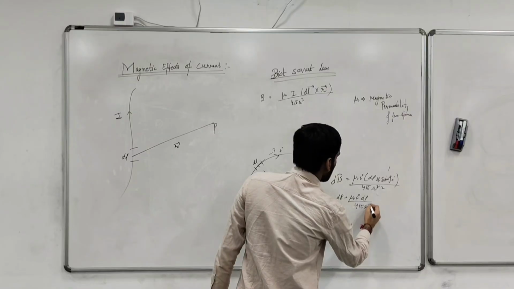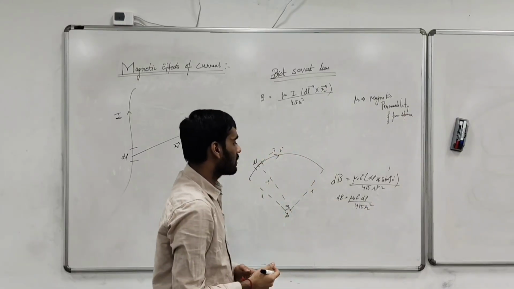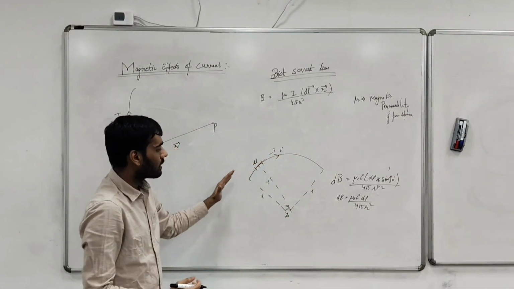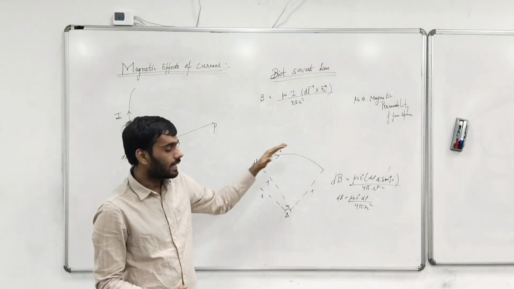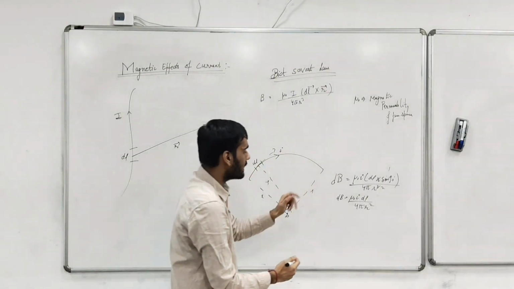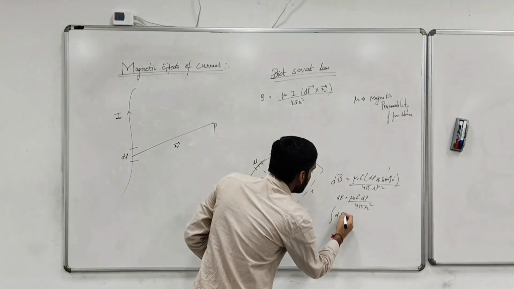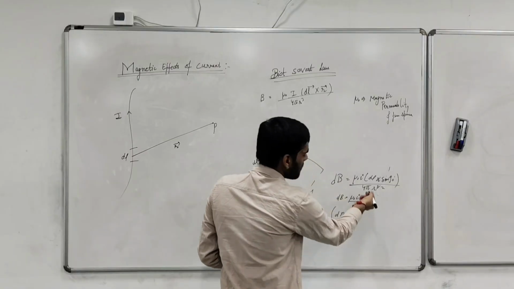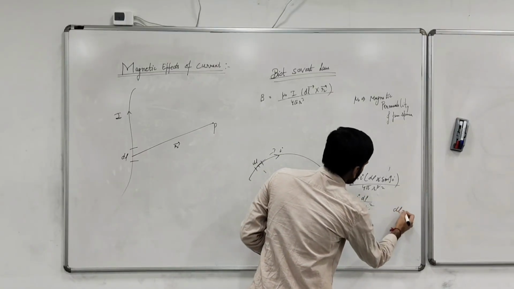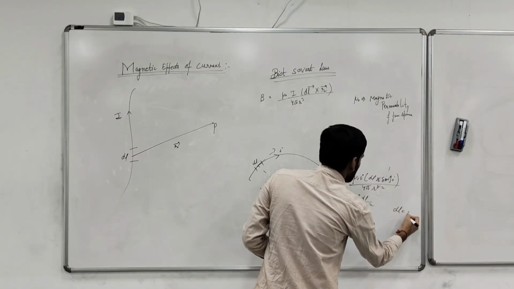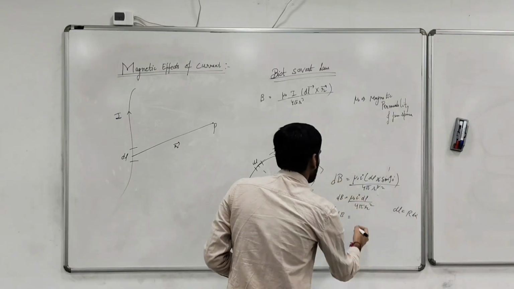For this entire arc, the magnetic field produced at this point P, we will integrate dB. You can write dl as r d alpha.